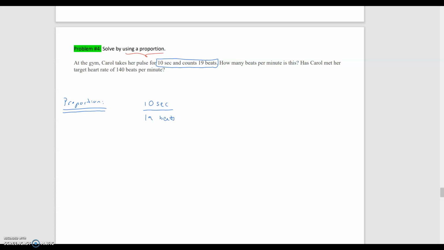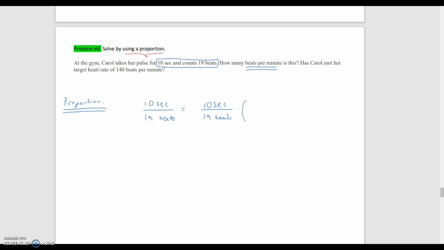Now, the proportion that we're setting up here is technically beats per minute. So I'm just going to set it equal to 10 seconds over 19 beats. And then I'm going to multiply it by a quantity that's going to cancel your seconds, and so we can express them as minutes.